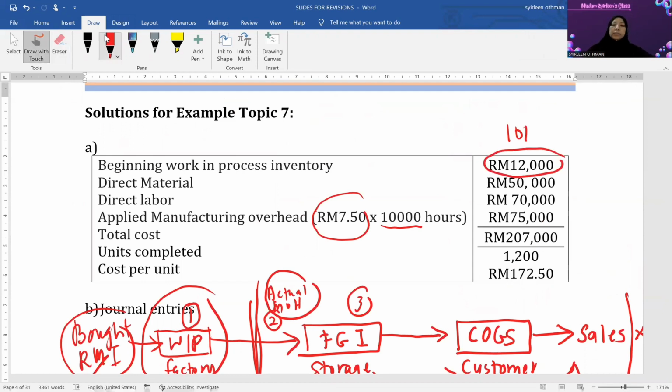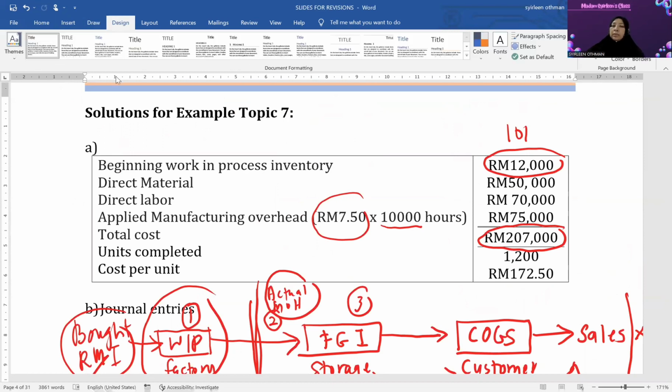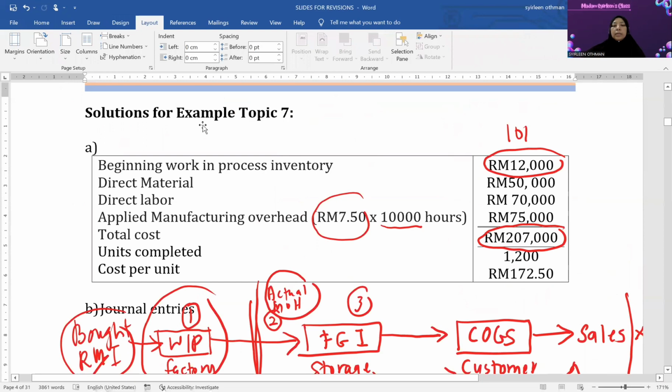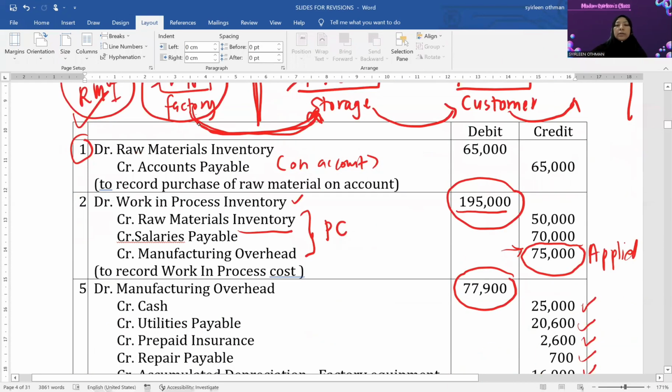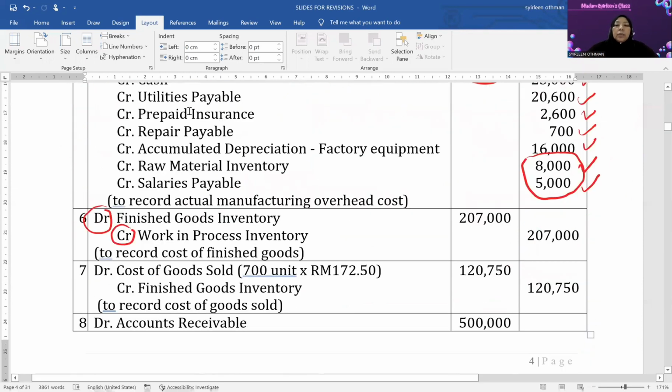So when it is all completed, everything will leave the factory and go into storage. But why, when I journalized number 2 just now, did I not include the beginning WIP? Because there I only recorded the current cost. The beginning WIP was already journalized from the previous months. It just was not yet finished goods. So we combine it with the current cost. When it is completed, you take out the whole amount in your costing for the month. So that will be 207,000 ringgit.